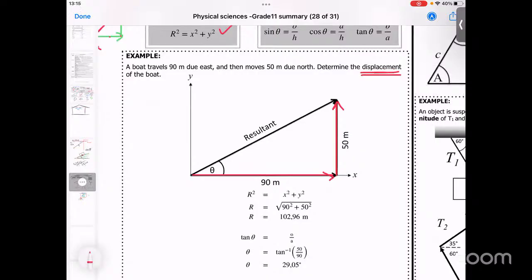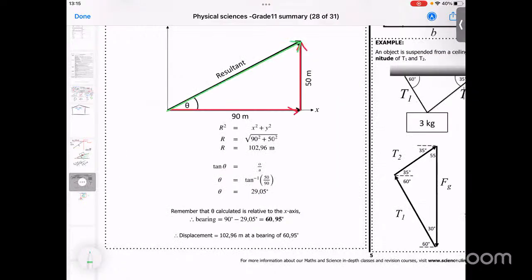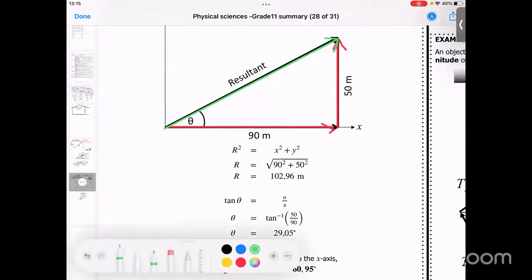Yes. So now, obviously, the resultant is definitely that one. I think this example was explained in the previous example, whereby we are definitely going to use the theorem of Pythagoras. Why?